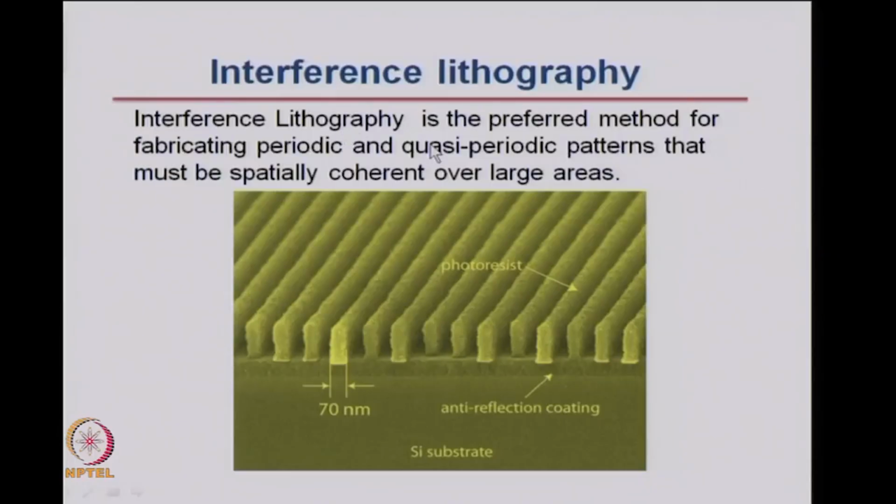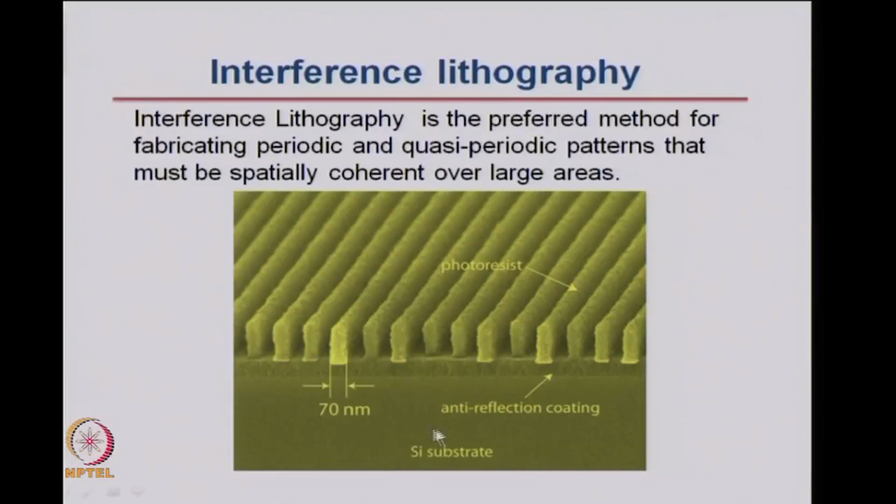Interference lithography is the preferred method where you want large scale pattern formation, where the periodic or quasi periodic patterns are coherent over large areas. So, this is a very good technique for making such large area patterns.